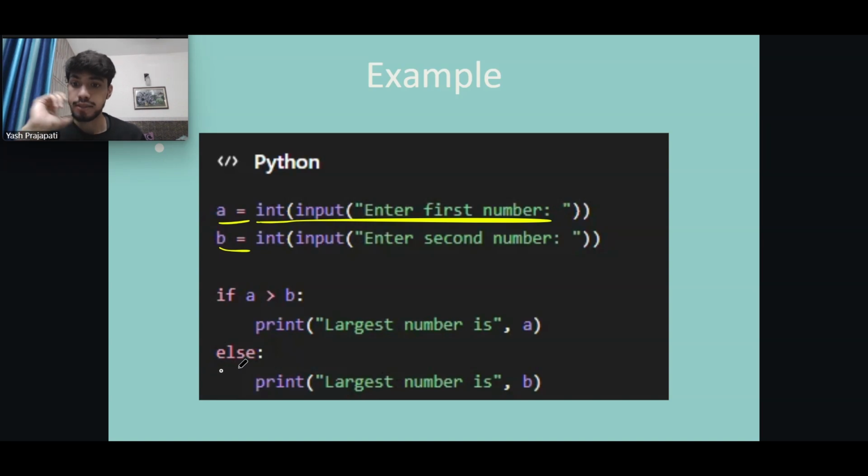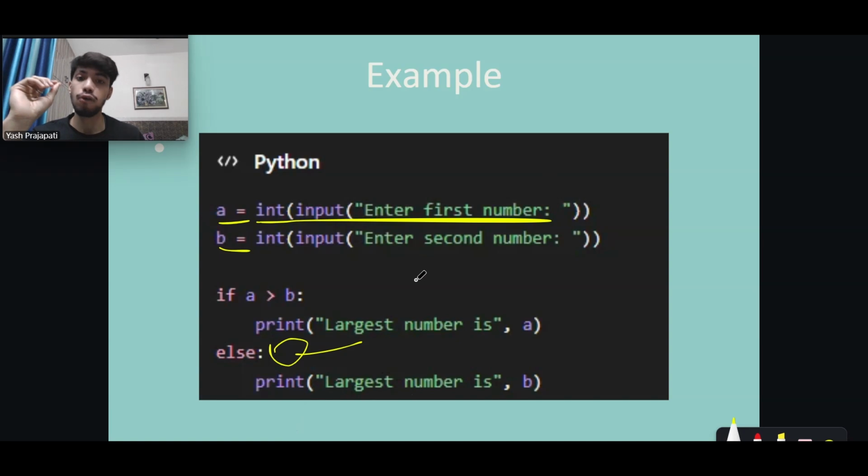Then there is an else statement: else print larger number is B. यहाँ पर हमें दूसरी कंडीशन देने की ज़रूरत ही नहीं है, क्योंकि अगर A ग्रेटर देन B है तो A बड़ा है, वरना तो B ही बड़ा होगा. It is so simple.